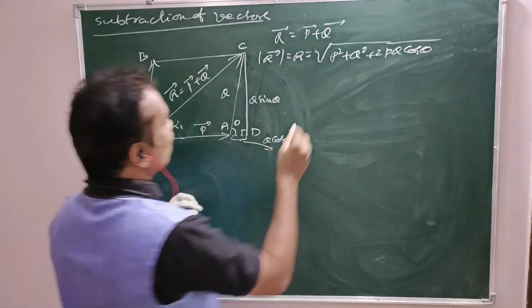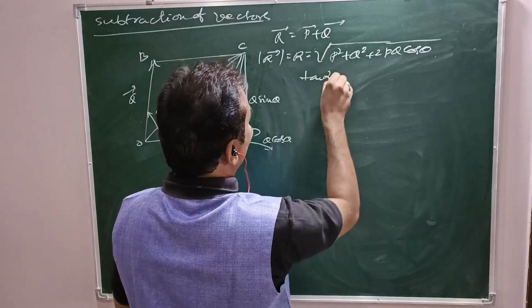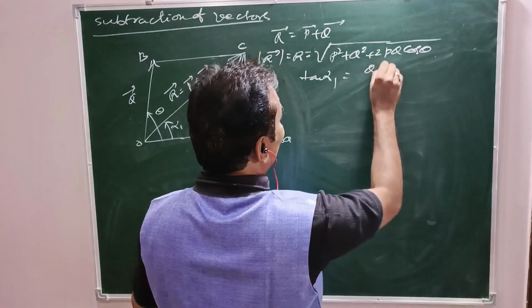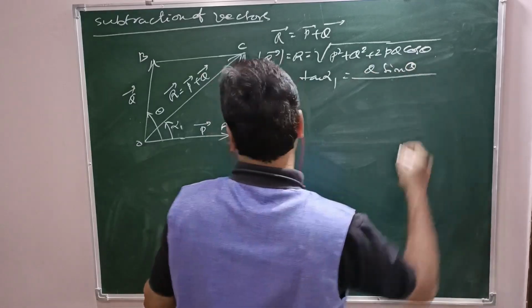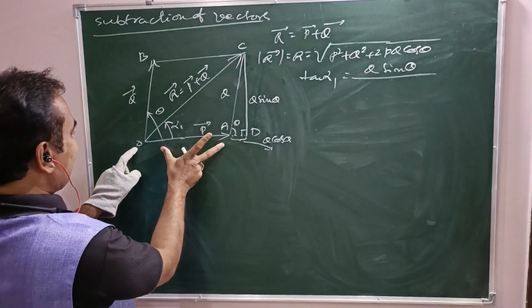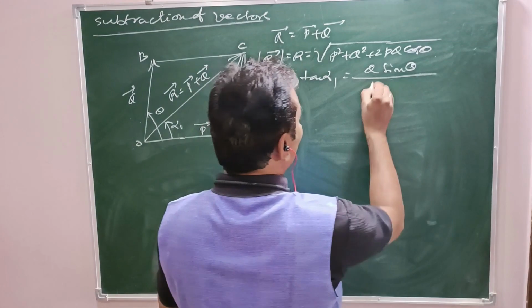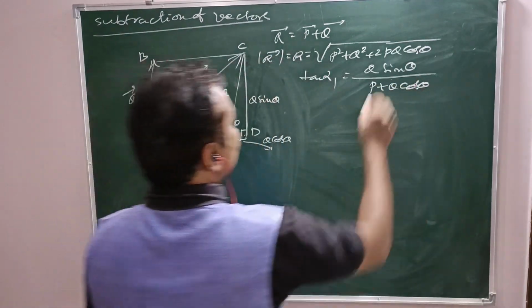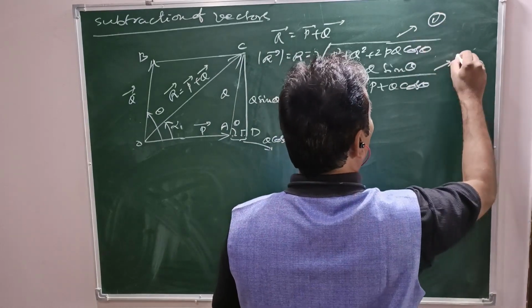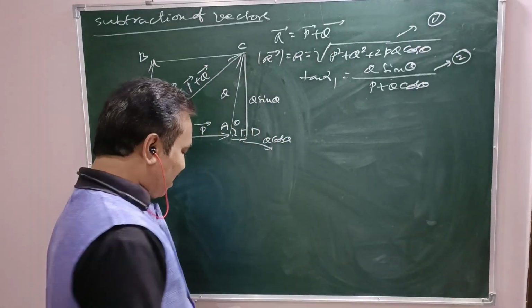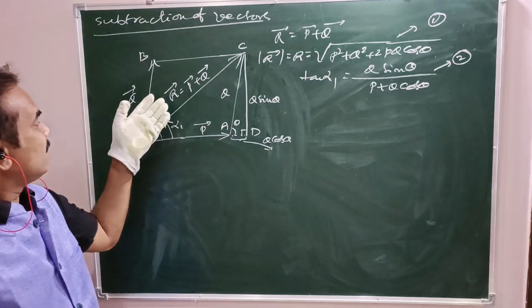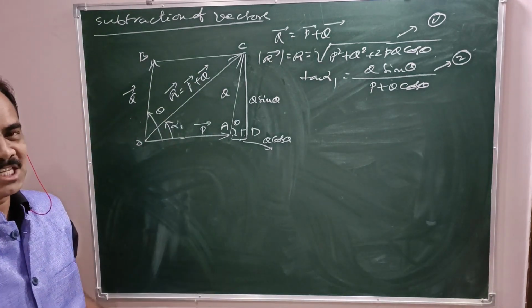So tan alpha 1 equals opposite side Q sin theta by adjacent side P plus Q cos theta. This is number 1, and this is number 2.